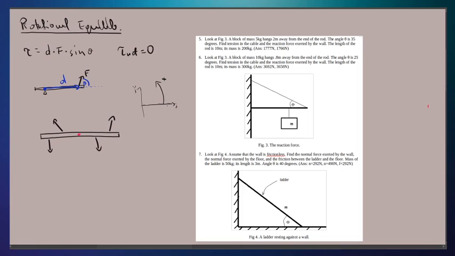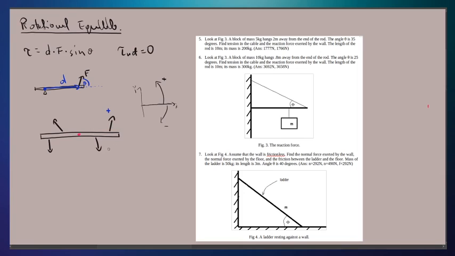If you have a clockwise rotation, then the torque is negative. For example, if this force was the only force acting on this bar, then the rotation of the bar would be counterclockwise, and for that reason the torque produced by this force is going to be positive.